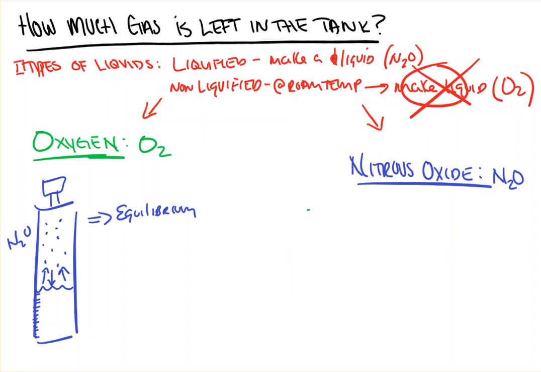Now imagine we open the tank to allow some of the nitrous oxide to leak out. As this happens, more molecules of the nitrous oxide in liquid phase will now join the gaseous phase in order to replace the molecules that left.